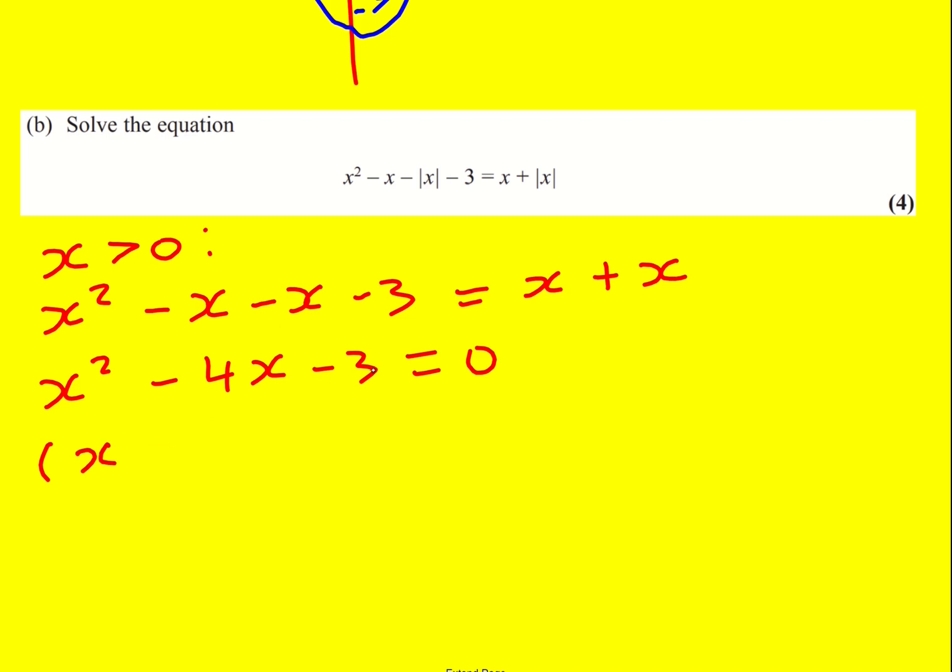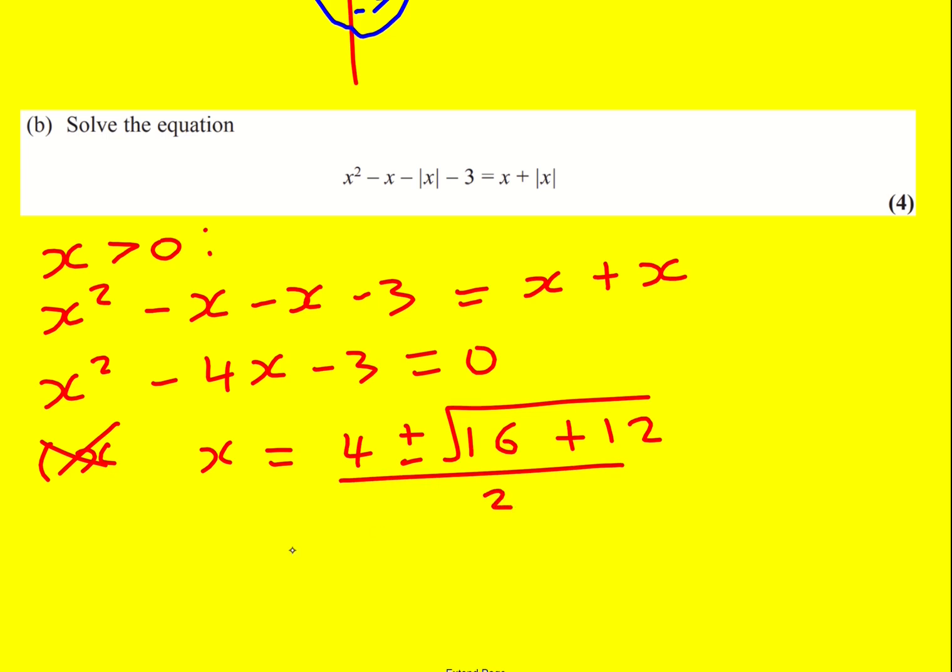Now we just need to think, actually this isn't going to factorize. You can see that quite quickly. So x is going to be 4 plus or minus the square root of minus 4 squared minus 4 times 1 times minus 3, so it'd be plus 12, all over 2. That's going to be root 28, which is going to be root 7 times 4, or 2 root 7.